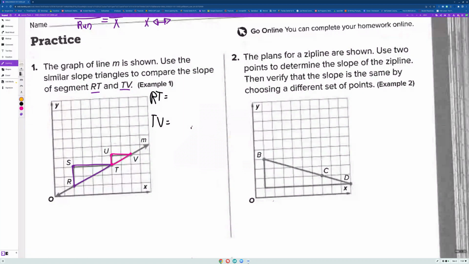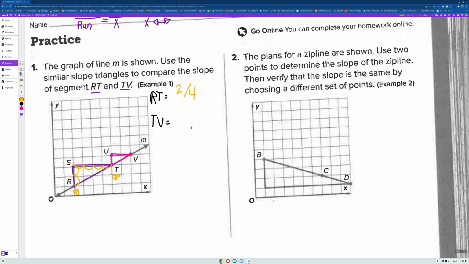All right, so starting at R and going to T, I'm going to see my rise, which is 1, 2, over my run, 1, 2, 3, 4. And because I went up 2 and over to the right 4, this is going to be positive.